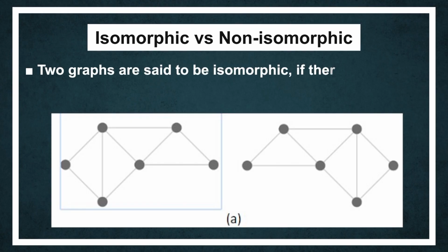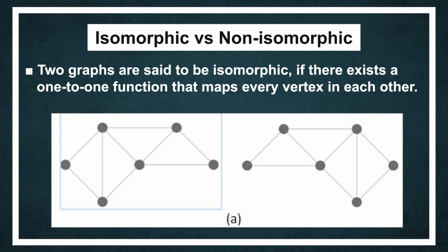The next type of graph is known as isomorphic versus non-isomorphic graphs. Two graphs named G1 and G2 are said to be isomorphic if there exists a one-to-one function that maps every vertex in graph 1 to every vertex in graph 2, such that two vertices in graph 1 are connected by an edge if and only if their corresponding vertices in graph 2 are connected by an edge.